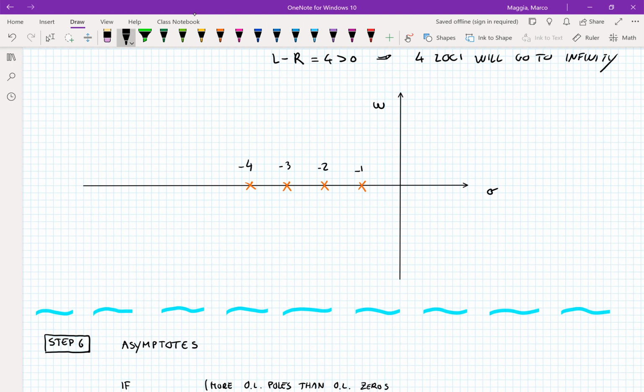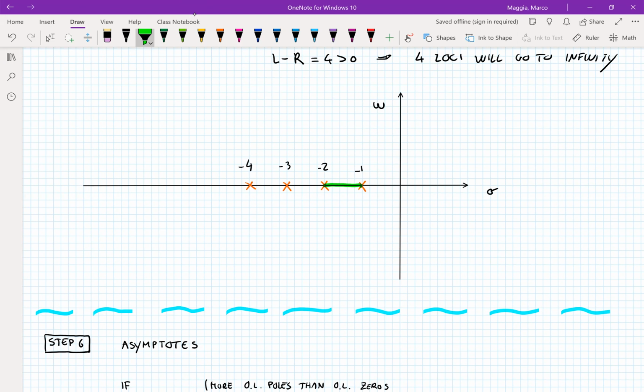Segments of the real axis that belong to the root locus. Again, swiping from the far right towards the left, we first encounter -1. At -1, we only have 1 open loop pole. 1 is an odd number, so whatever is to the left of it belongs to the root locus until we hit the other open loop pole.